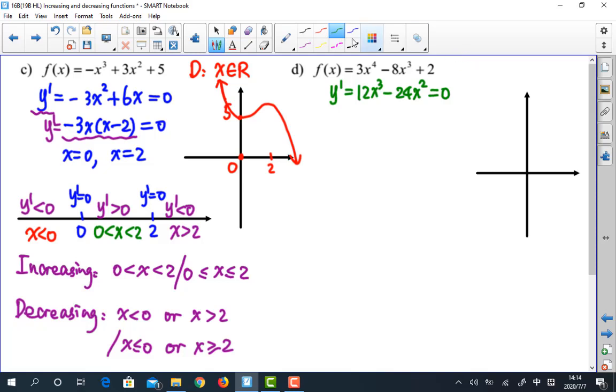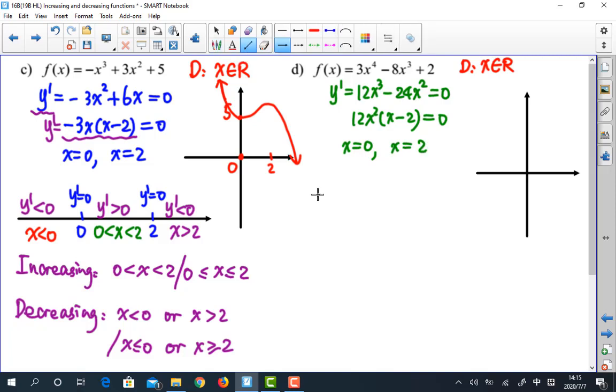And also remember, you need to look for its domain. The domain of this quartic polynomial function should be x can be all real numbers from negative infinity to positive infinity. So let's solve the zero points of this y prime. We can use factoring to solve this equation. So one x equals 0, the other x equals 2.